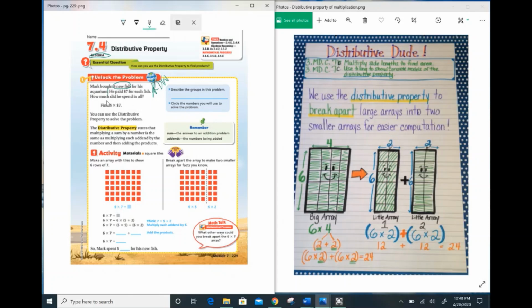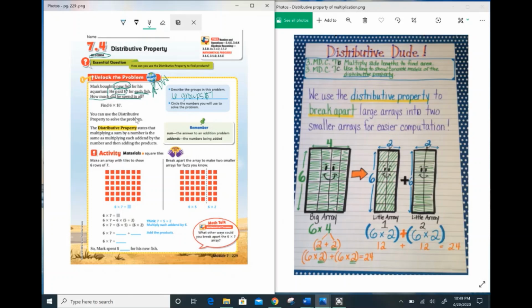He paid $7 for each fish. I'm looking for how much he spent in all. So I know I have 6 groups of $7, remember, because each fish is $7. So we need to find 6 times $7.